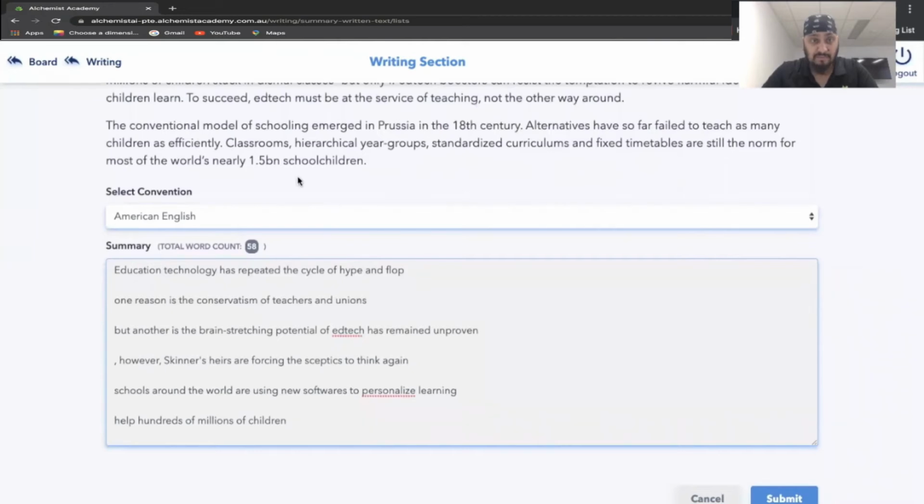And if you go to the last paragraph, they're just talking like no matter what is happening around the world, this is what is still the norm of the world.